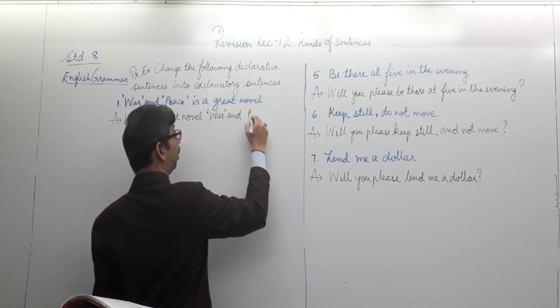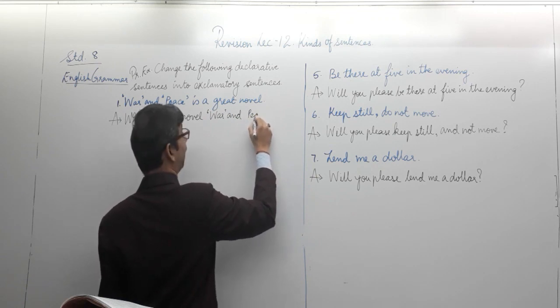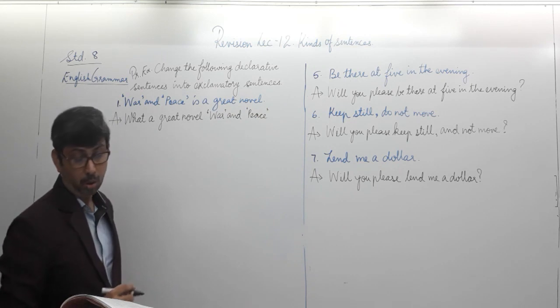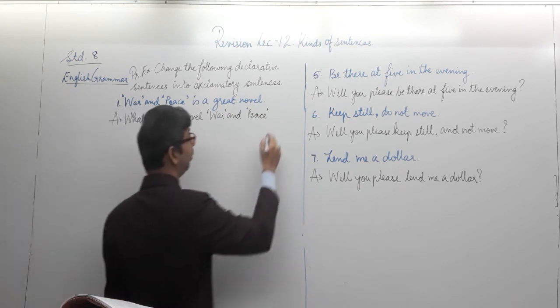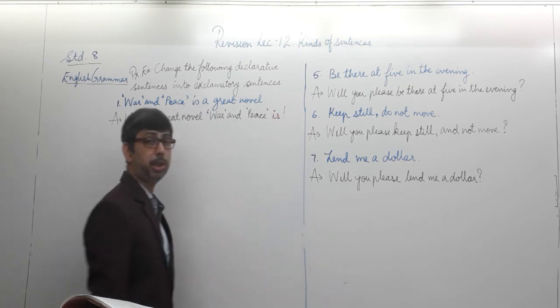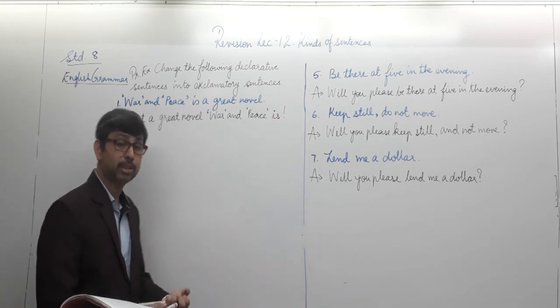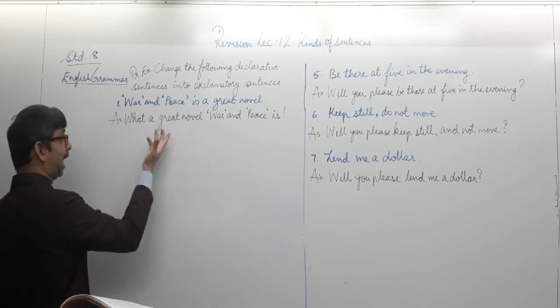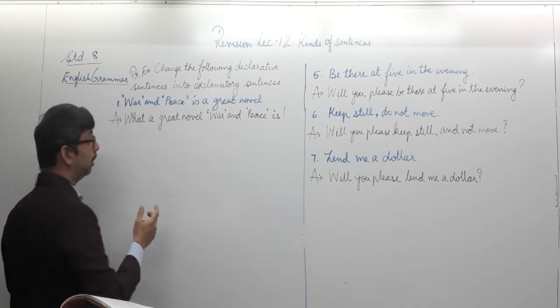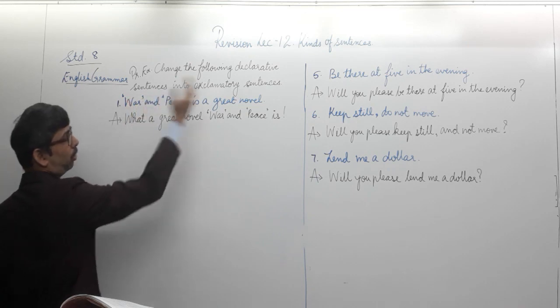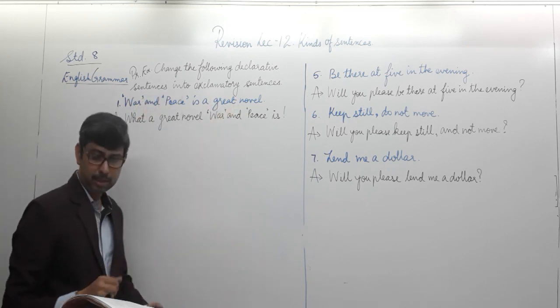The word war and the word peace need to be capitalized. Finally, we will be writing the auxiliary verb is followed by the exclamation mark. So you see how we executed the sentence using the word what. At times we have to use the word how, but that we will be using when we are concerned about the subject part, the noun part, and not the object part. Let us see the next sentence.